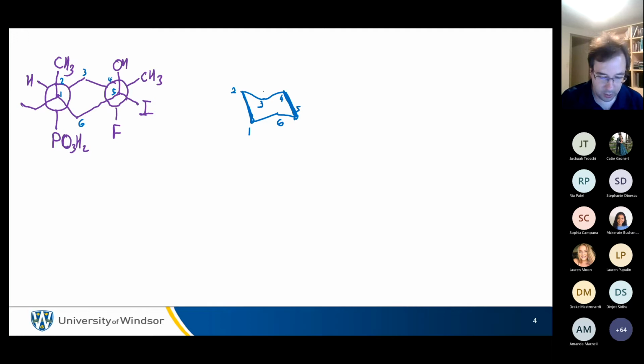Of course, I have drawn the wrong chair. I should not hit this very hard, I'm going to break my stylus. The problem was the up part. No, I drew the right chair.